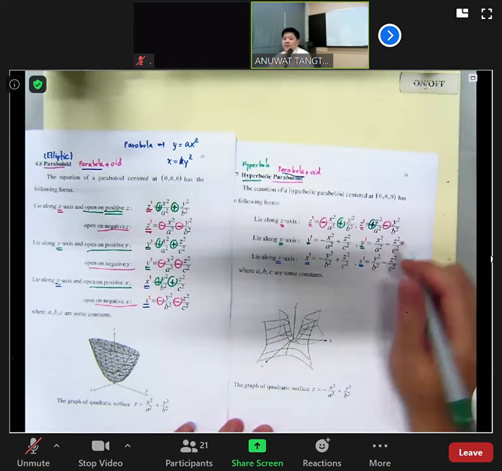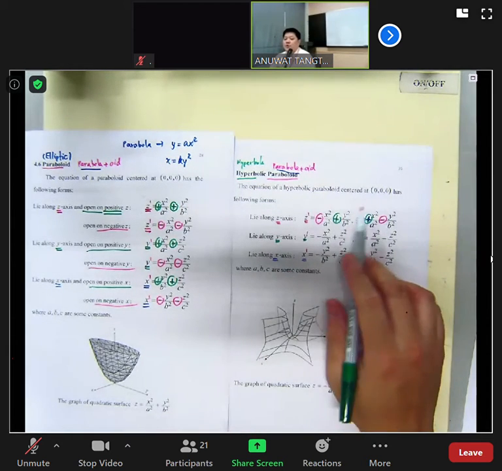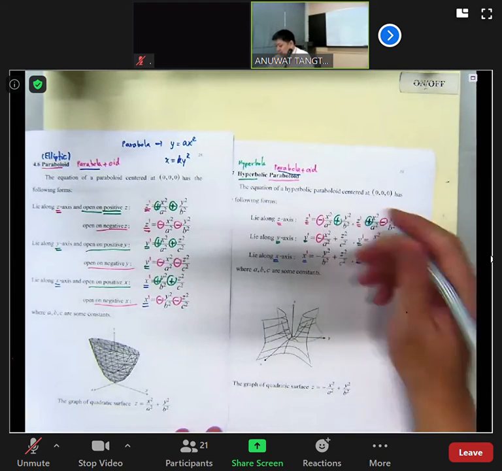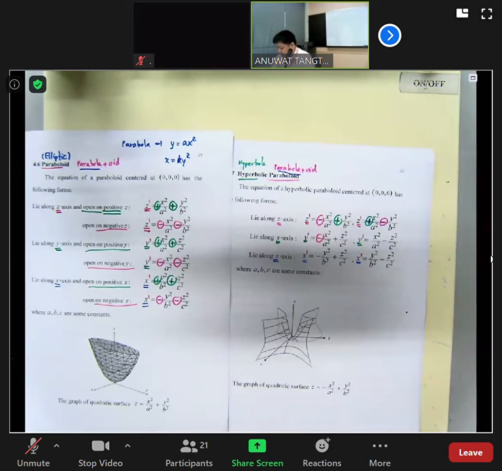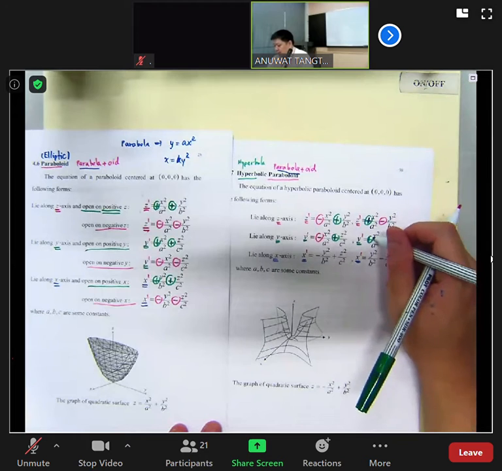So this would be a hyperbolic paraboloid lying along the z-axis. Similarly, we have one negative, one positive, or one positive, one negative.